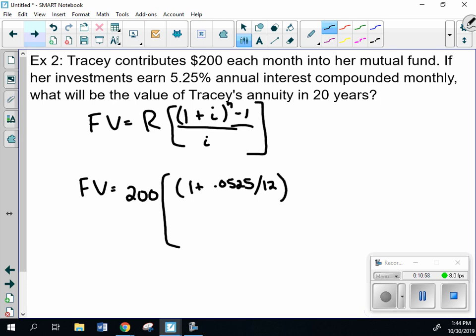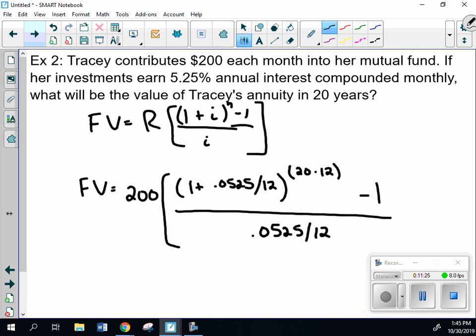The N represents the number of compounds or equal payments, number of payments. So she's having this for 20 years and it's compounding monthly. So this power is going to be 20 times 12. Okay, and then we have that minus 1, and that information is all divided by that 0.0525 divided by 12.